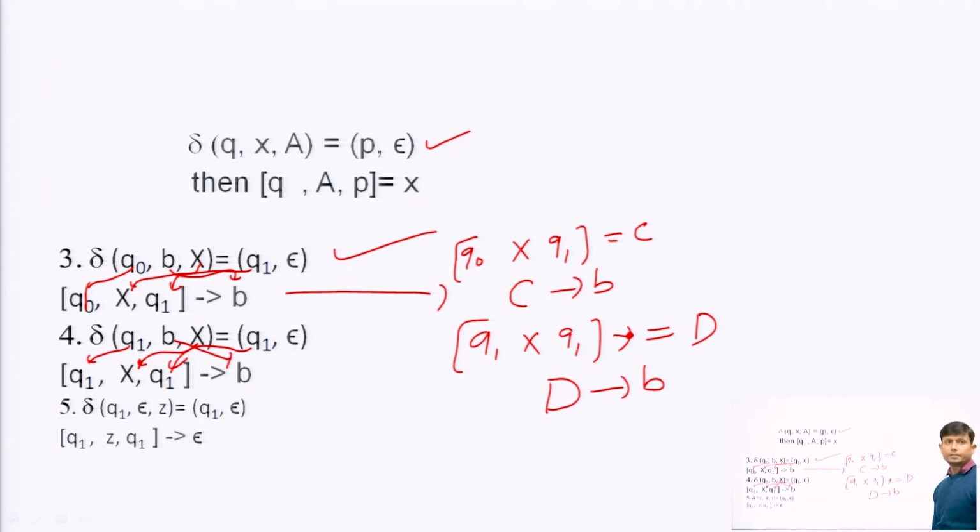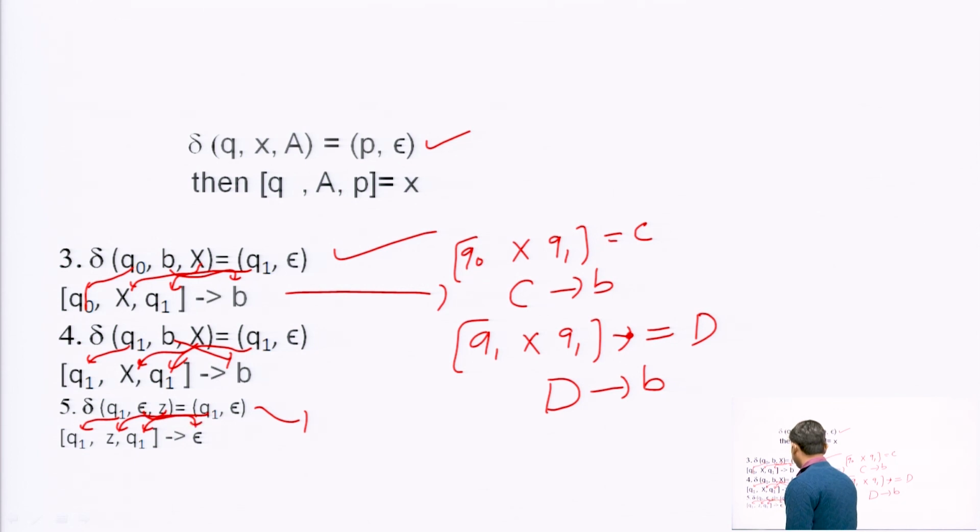For pop operation the production will be like this, D to b. Another production is there for production 5th. Suppose this is q1 z q1, stack top is z, and this is epsilon. There was no input, so that's why this is epsilon.